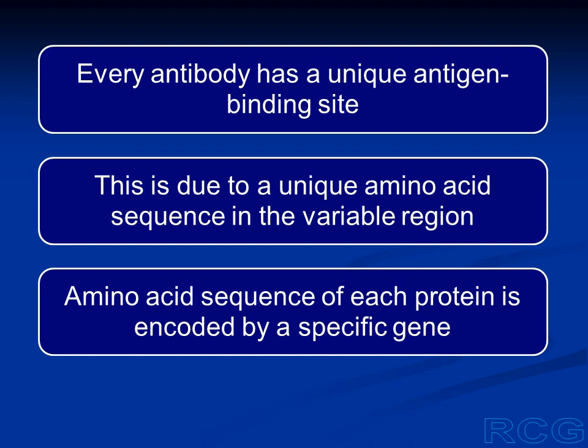So in every antibody molecule, the light chain has got a unique amino acid sequence. The heavy chain also has got a unique amino acid sequence in the variable region. And we also know that the amino acid sequences of all the proteins are encoded in the genes which are present in our DNA. So one gene encodes the amino acid sequence of one protein.